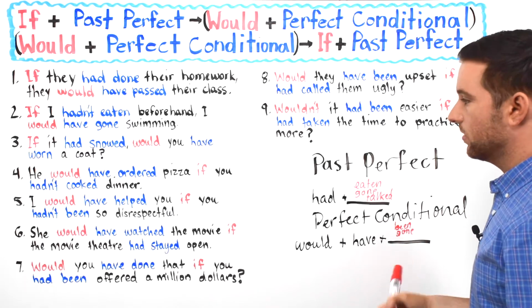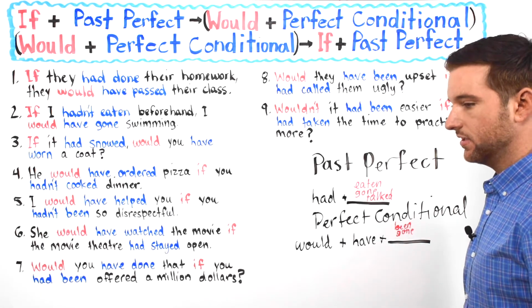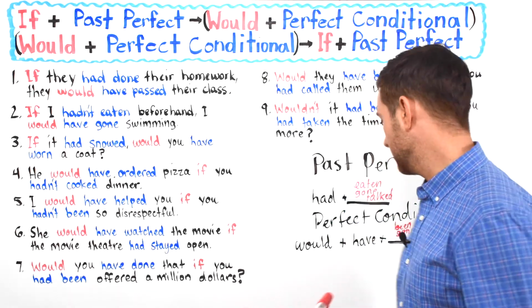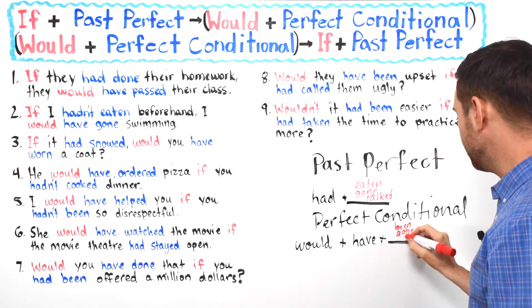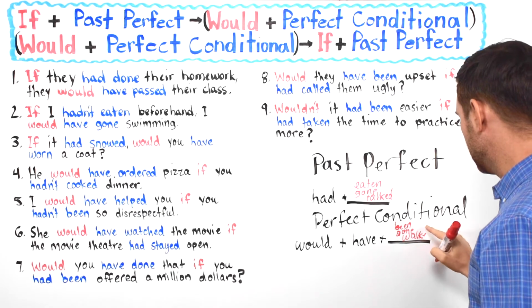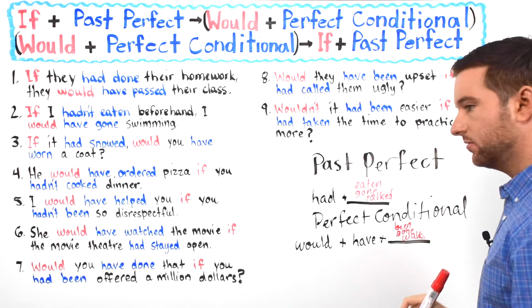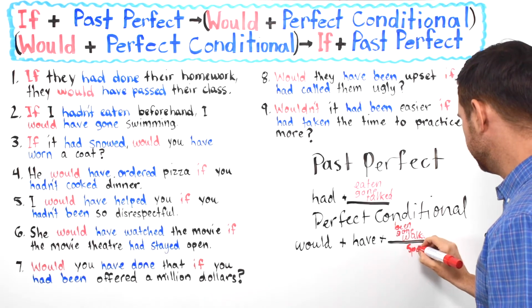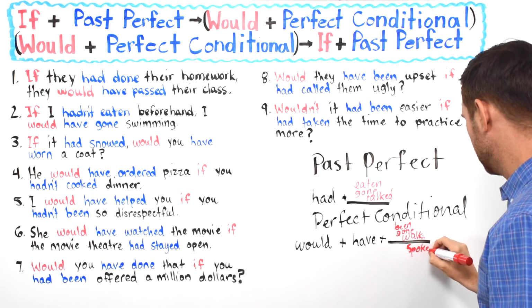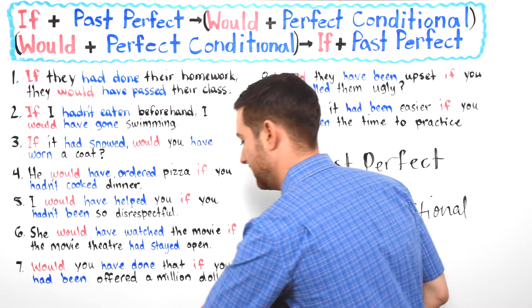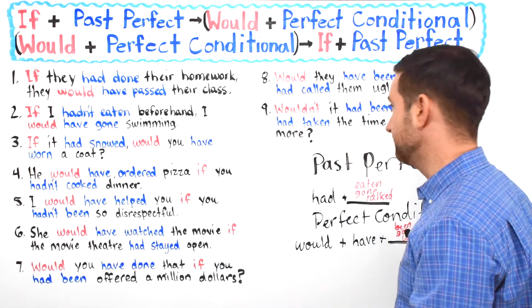Or you can take a verb like, you know, I walked, okay? I would have walked, okay? Or spoke, you know, like when you speak, would have spoken. Okay, I think this is going to be pretty easy once you see these examples, okay? So let's go ahead and jump right in.